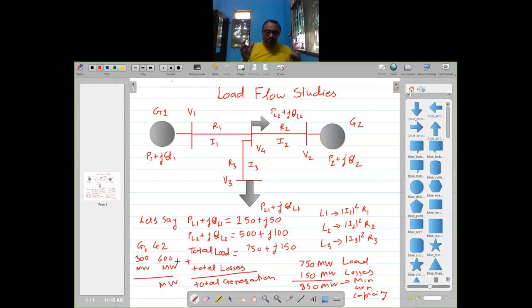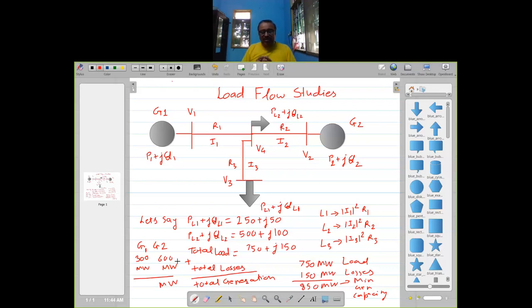But I just wanted to make you aware that there is a need to distribute this load plus losses, that is total 850 megawatt, to the two generators, and their strategies can be different because that will depend on the cost.